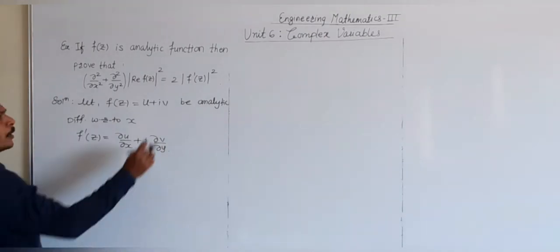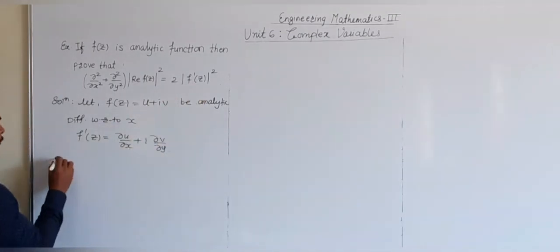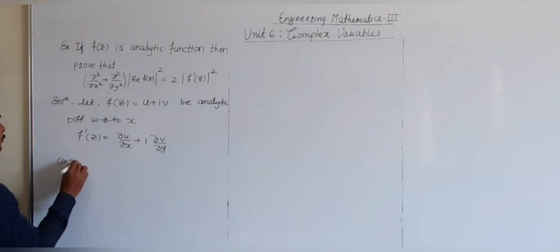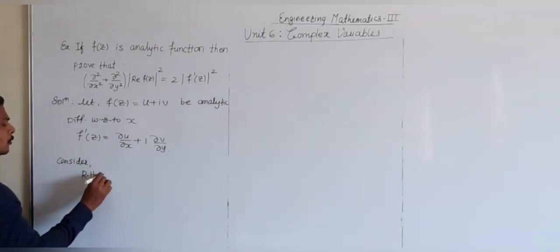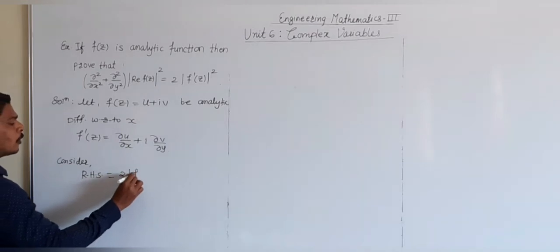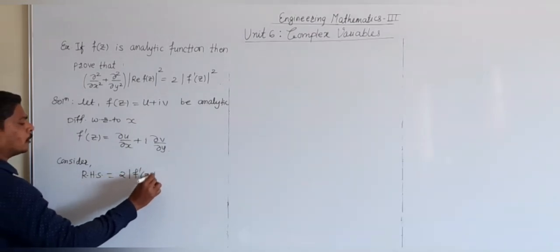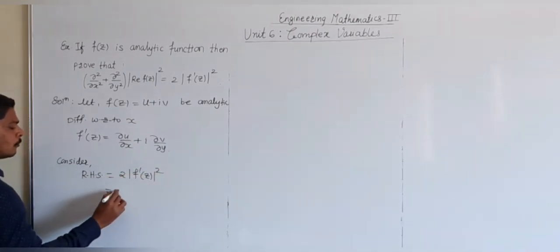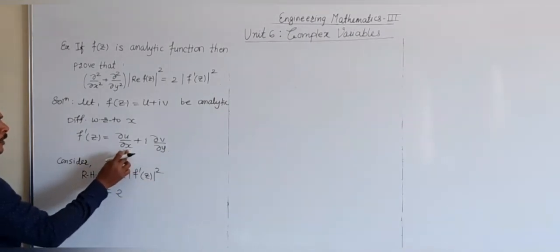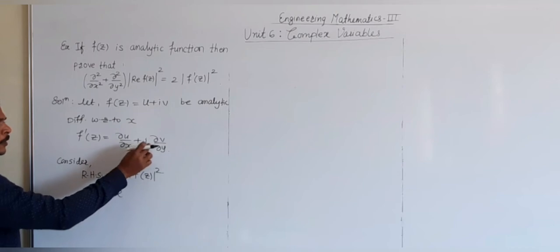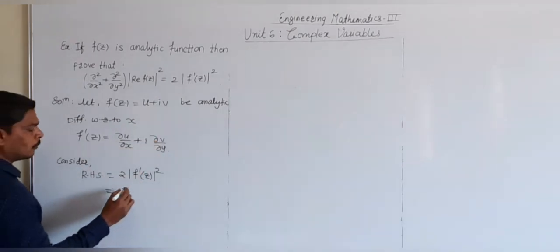And now consider our RHS. So RHS is equal to 2 times |f'(z)|². So this is equal to 2 times the modulus of f'(z), where f'(z) is ∂u/∂x + i ∂v/∂x.